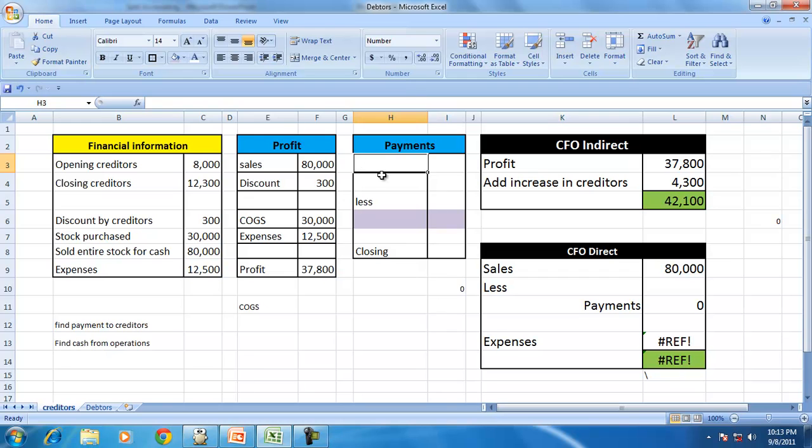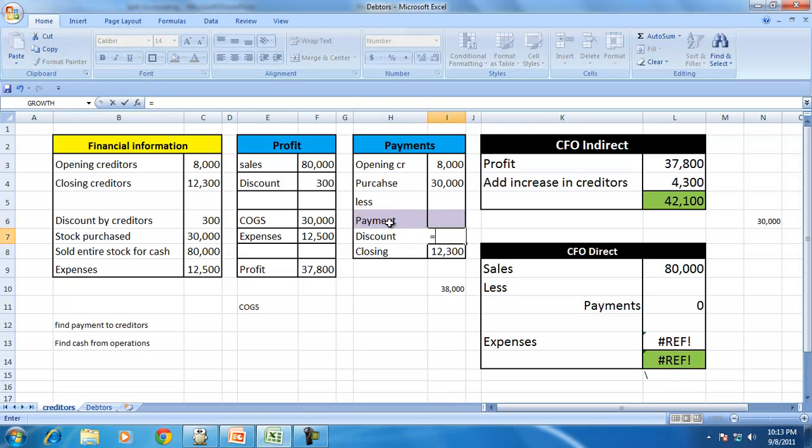So payment information is the opening creditor, 8,000 given, and the closing creditor, 12,000 given. We are assuming the entire purchases is for credit, and we don't know the payment, and there is a discount which the creditors have given, 300.